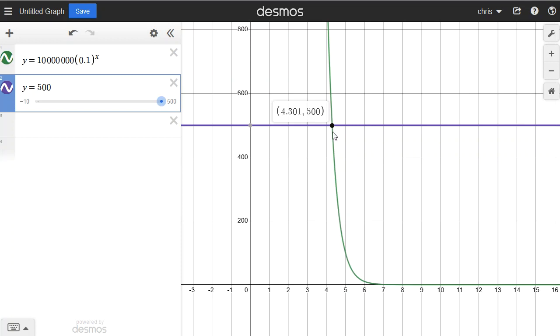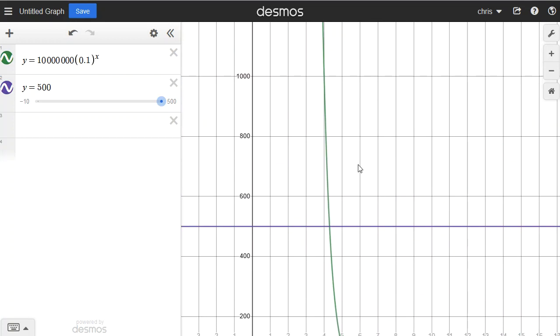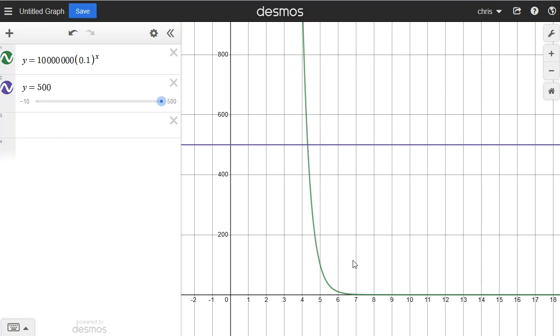Now, there's no such thing as 0.3 filters. At 4 filters, there were about 1,000 particles. So to get it to be less than 1,000, it's going to have to go through that 5th filter, which will take it all the way down to right around 100.